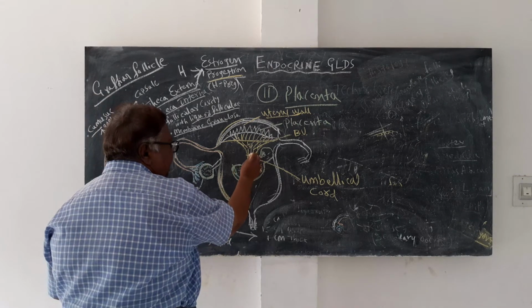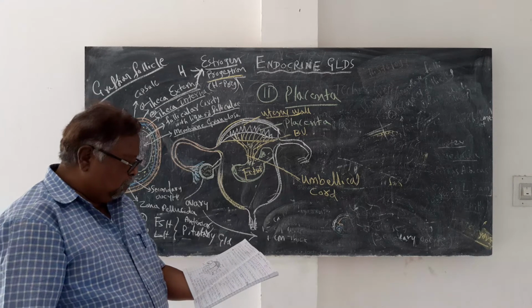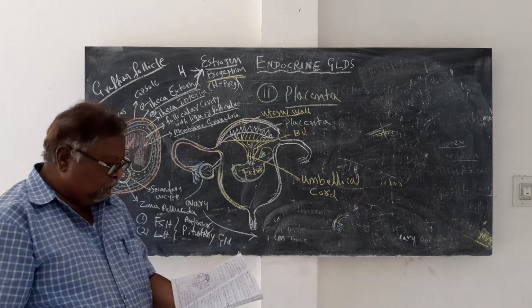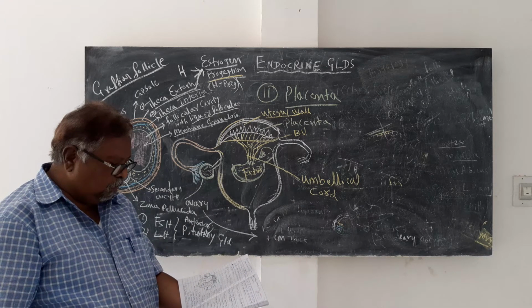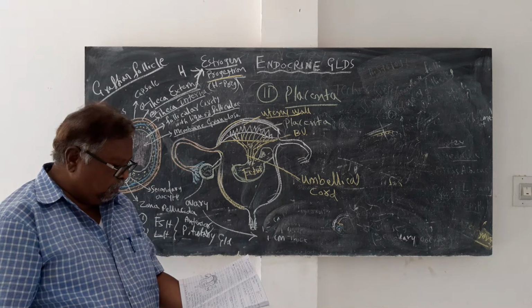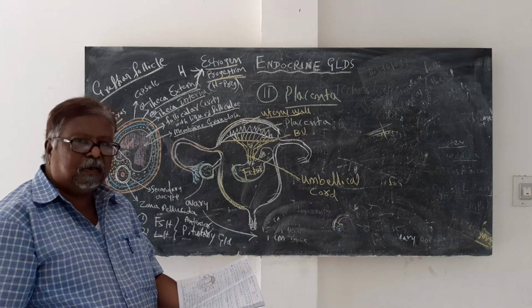The umbilical cord is the connecting link. It allows nutrient uptake, thermoregulation, waste elimination and gas exchange through the mother's blood supply.